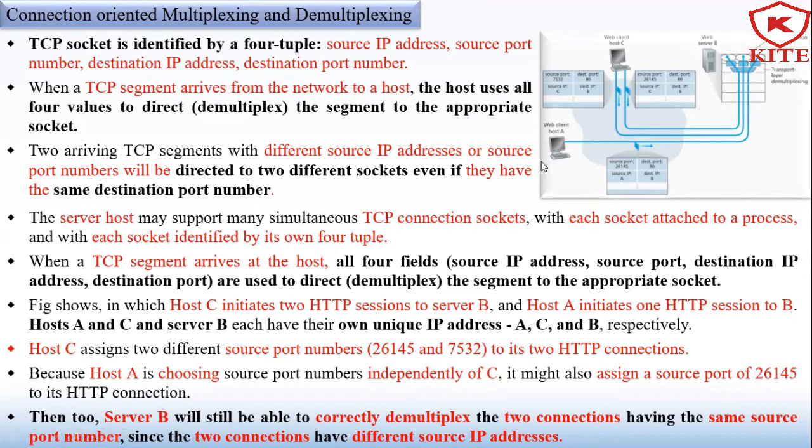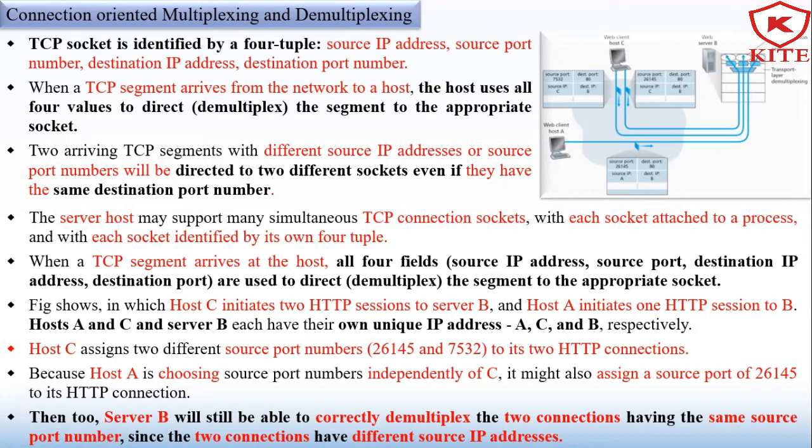Here a TCP socket is identified by a four-tuple. First is the source IP address, second is the source port number, third is the destination IP address, and fourth is the destination port number.